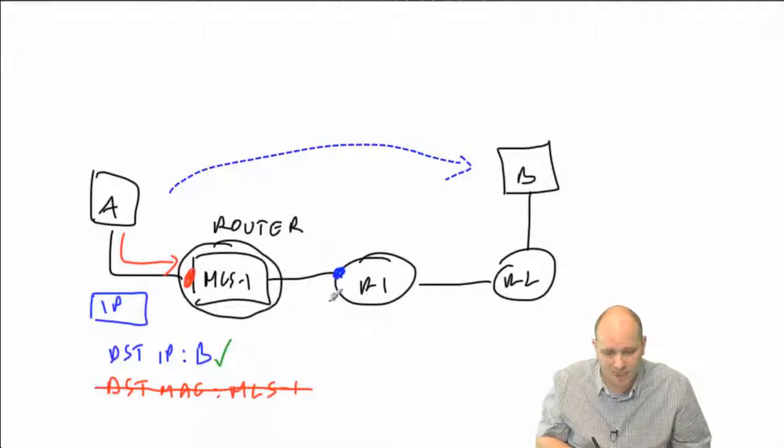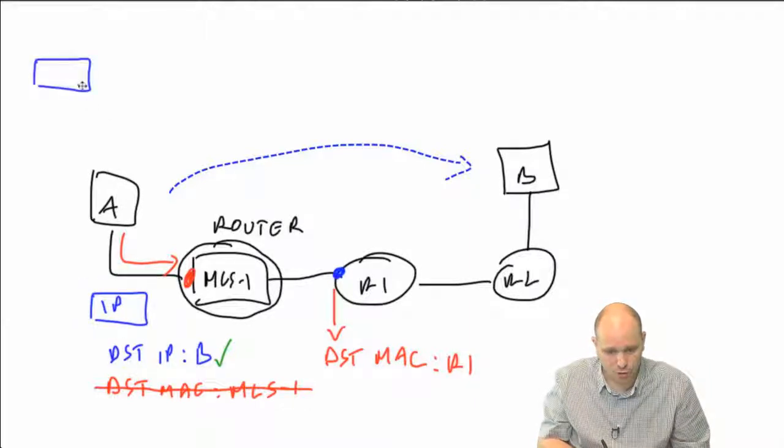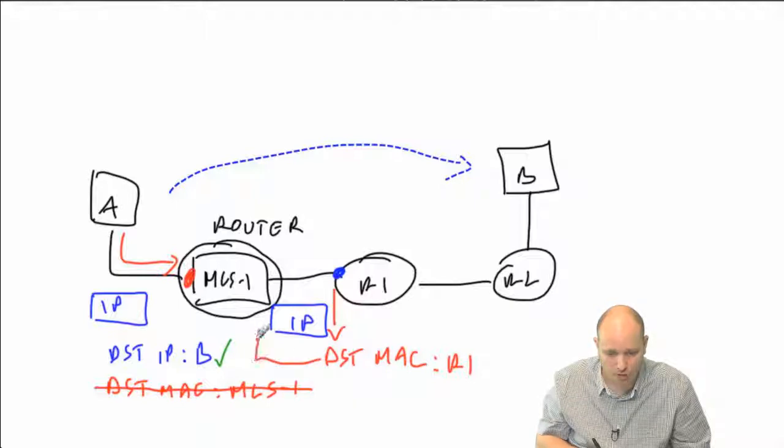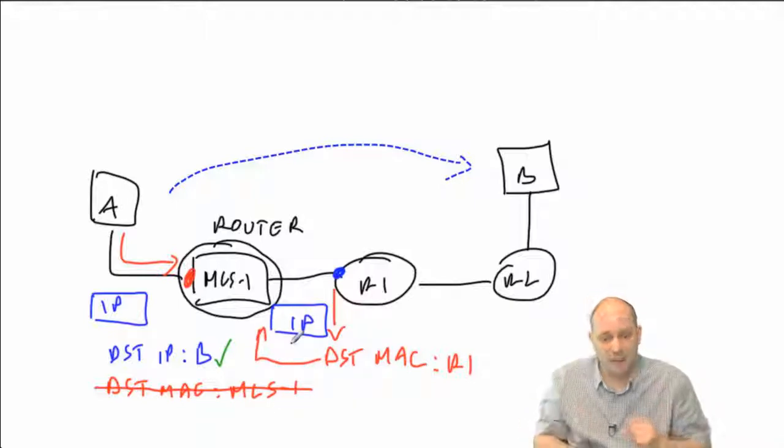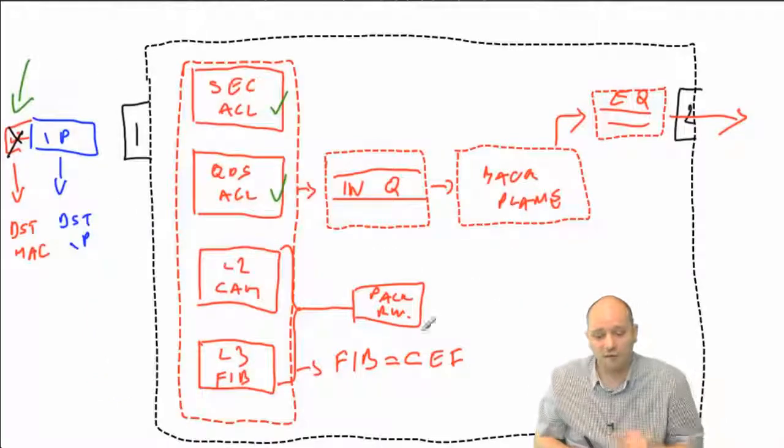What I need to do is determine what is going to be the new destination MAC address for this packet and insert that information in the packet that is going to be sent from MLS1 to R1. So I need to build the new layer 2 header on the IP packet that I'm sending. This is what the packet rewrite function does.